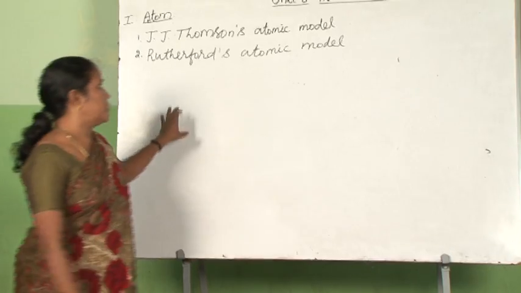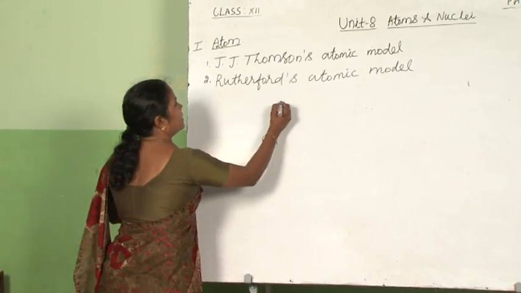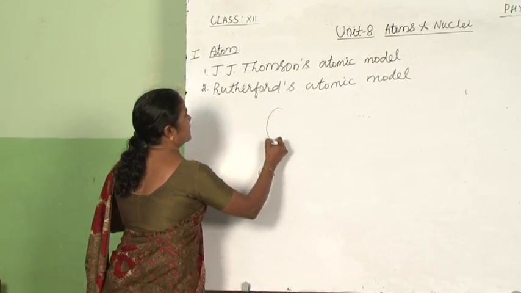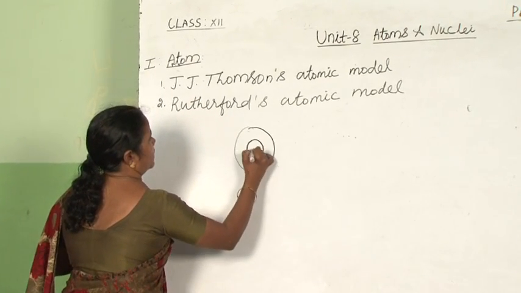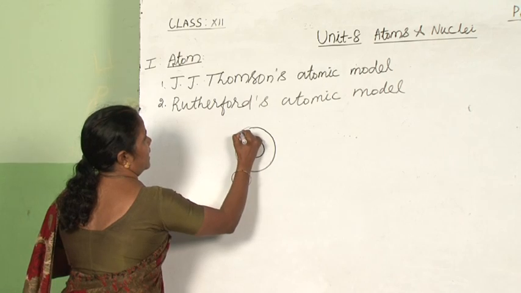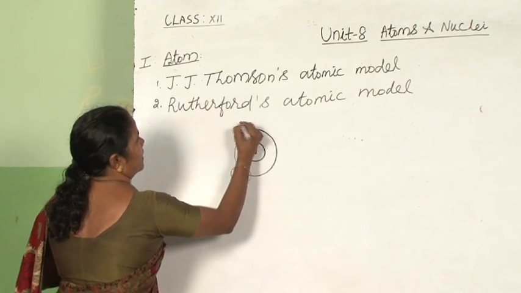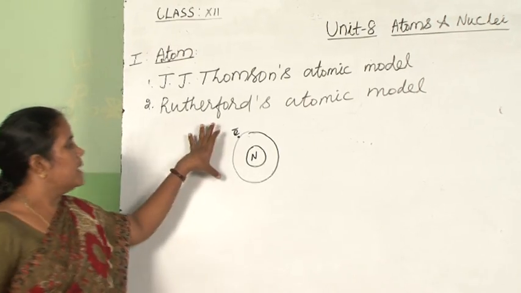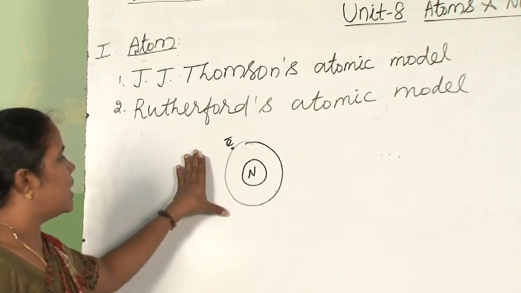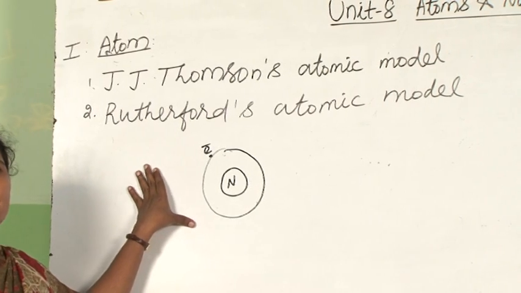According to Rutherford's atomic model, an atom contains a central core called the nucleus and the electrons revolve around the nucleus. Again, this atomic model also had certain drawbacks.